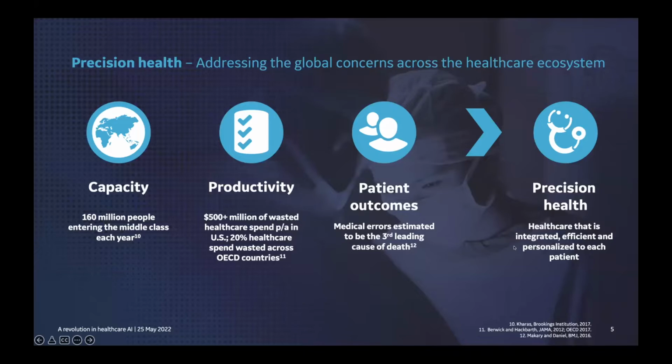The scale and breadth of our portfolio, along with our digital capabilities, uniquely position us at the center of this ecosystem, striving for precision health. Our goal is to deliver increased capacity, improved productivity, and better patient outcomes for our customers. These are the key challenges to overcome to support the delivery of precision health.